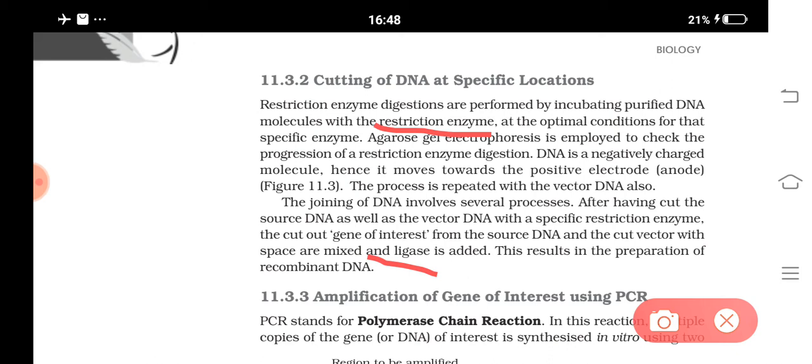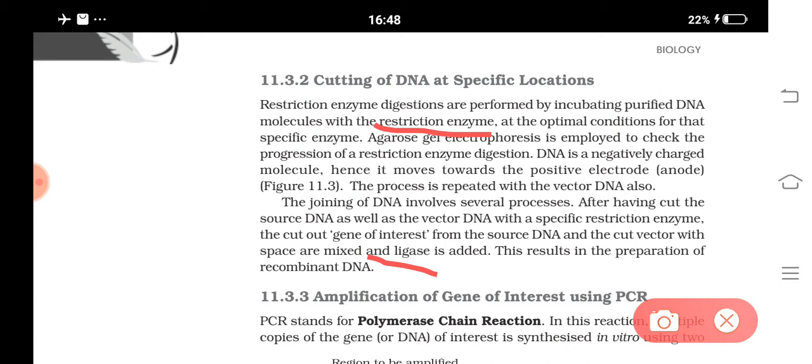So if you follow all the steps, first you have to find which gene is to be added to a new genome. So that gene should be removed. For that, isolation of the DNA should be done. Depending upon the source of the DNA, different chemicals or enzymes have to be used for that purpose. And after that, we have to cut the DNA and also the vector.